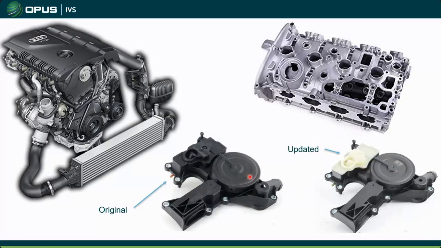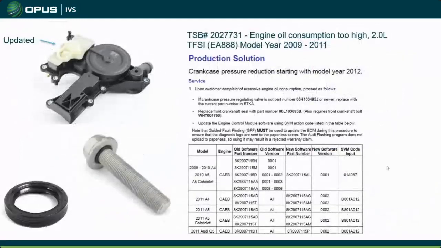So the reason that this all came to be, besides these failing and having issues, was because of high oil consumption. That was the bulletin that required some addressing, right? This is the complaint that a customer would come in with, and I will tell you, from 2009 to 2011, I did very, very many of these at the dealership.